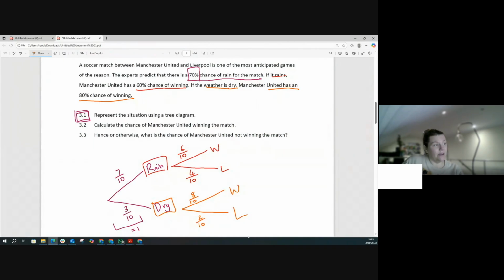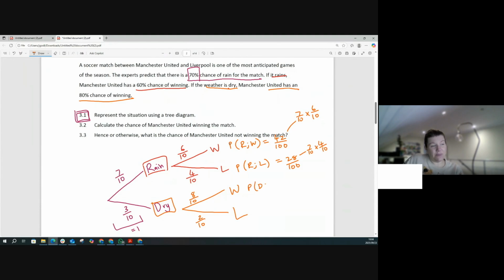Okay, so we have probability that it will rain and they will win. And that's going to be 42 out of 100 because we're taking the 7 out of 10 times the 6 out of 10. Probability of rain and losing is going to be 28 out of 100 because we're saying 7 out of 10 times 4 out of 10.